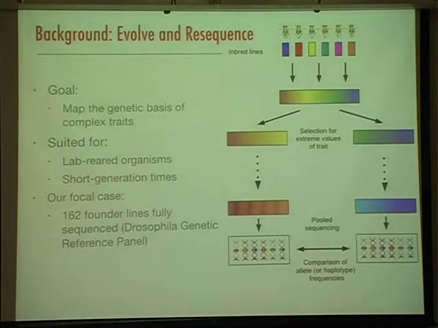So the goal here is to map the genetic basis of complex traits. As opposed to the experimental evolution studies that Michael was telling us about, where the interest is in the process of adaptive evolution, the community that's using Evolve-And-Resequence studies, mainly in Drosophila, are oftentimes interested in just the genetic basis of the complex trait, a complex trait that has variation in the starting lines.